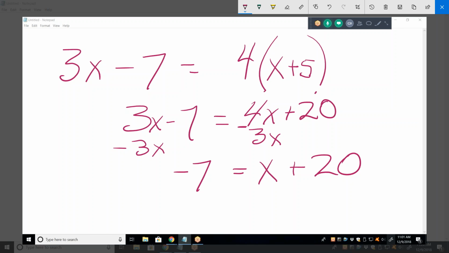Here's what I want my final answer to read. Something over there, a number. So what have I got to get rid of? What does the x currently have on the same side of its equation that I got to get rid of?